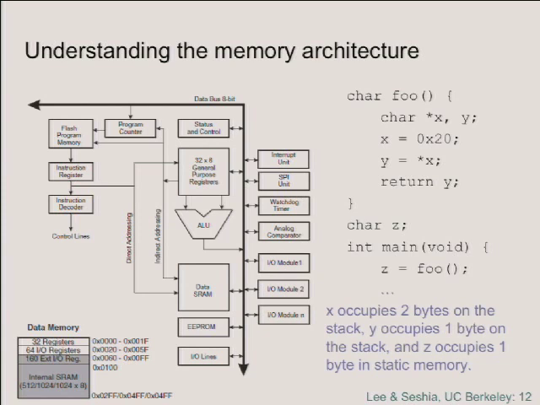So the other thing that's going on here is that the Z variable is not on the stack because it's declared outside of any procedure. So that's called a static variable, and that will be assigned by the compiler typically to a location early in memory. And the stack will start late in memory, okay?